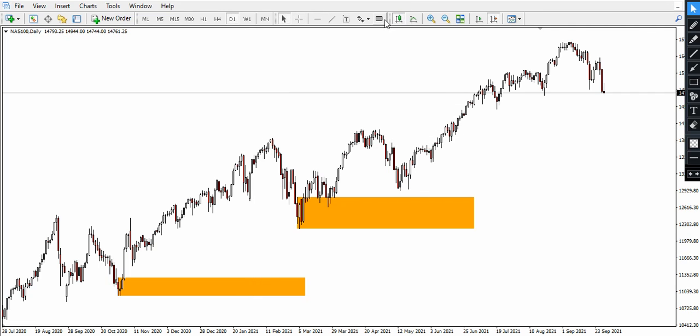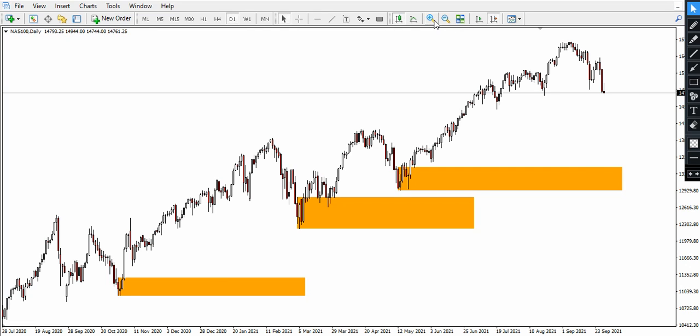Okay, yes, we have another bullish order block here which is not traded into right here.